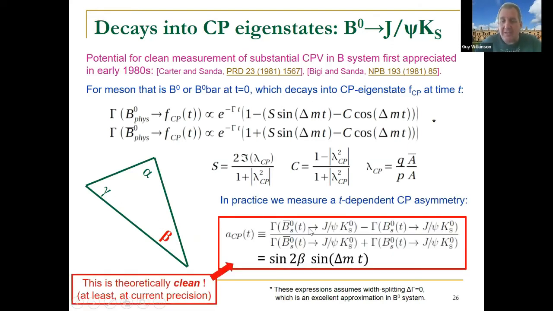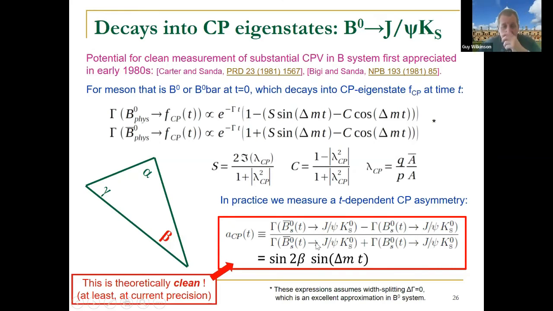So if we form an asymmetry of something which was initially a B0 decaying to J/psi K short, versus a B0 bar decaying to J/psi K short, that asymmetry will evolve over time because of the mixing, but it will have an amplitude of sine 2 beta.